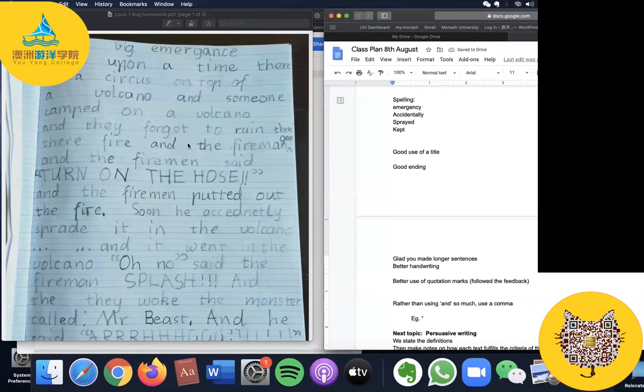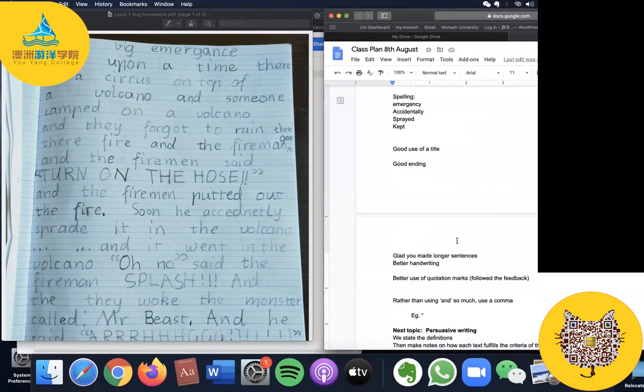"Once upon a time, there was a circus on top of a volcano, and someone camped on a volcano, and they forgot to ruin their fire." What do you mean ruin the fire, Lewis? There was a camp. Someone camped on the volcano, and they forgot to put out the fire. They just left the fire there. Oh, okay, so instead of ruin, we can say put out. Okay. This is how you can say it without using the word and.